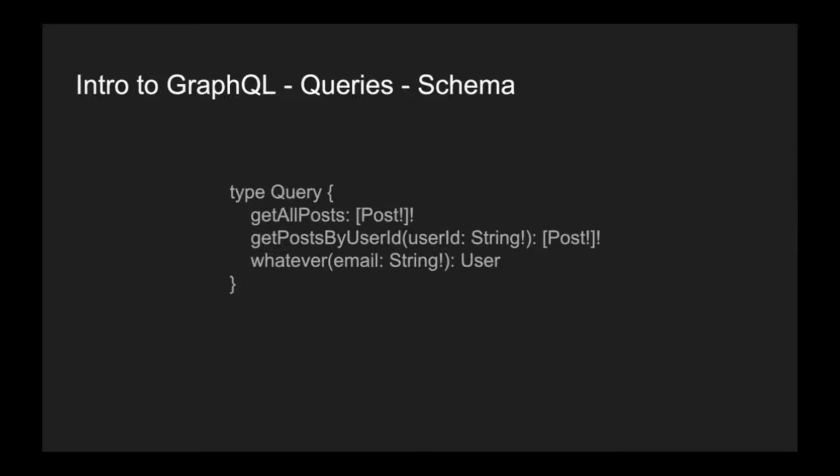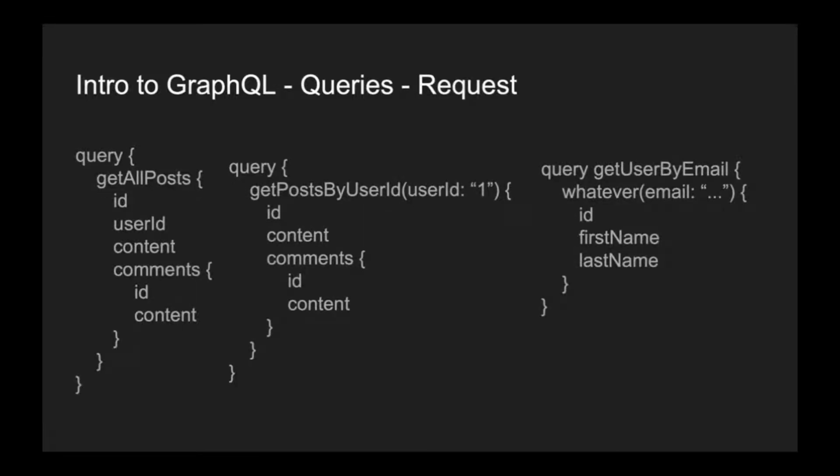So this is an example of how we would write up the schema. And in terms of making the actual requests for all these operations, this is how you would do it. Whenever you're making a request using a query in GraphQL, you want to start your request with just the word query, and then you do an opening and closing curly brace, which is the root object that I had mentioned earlier.